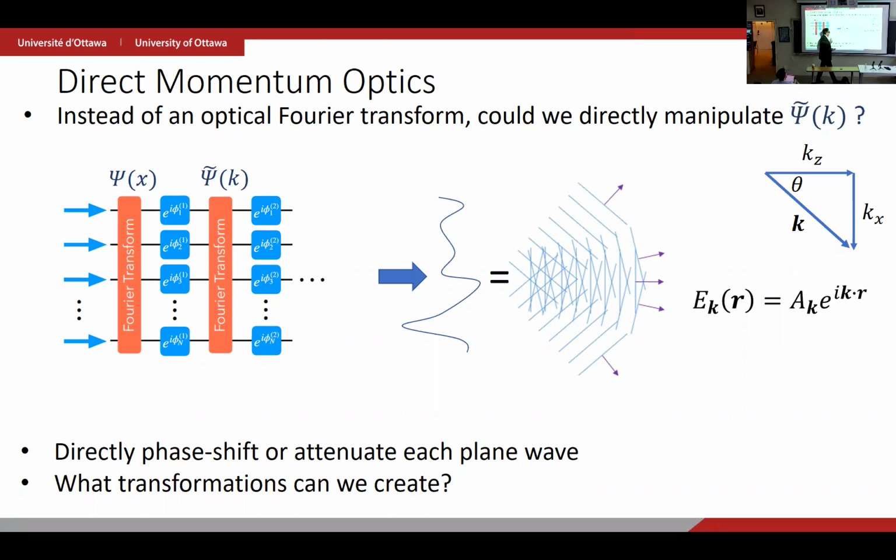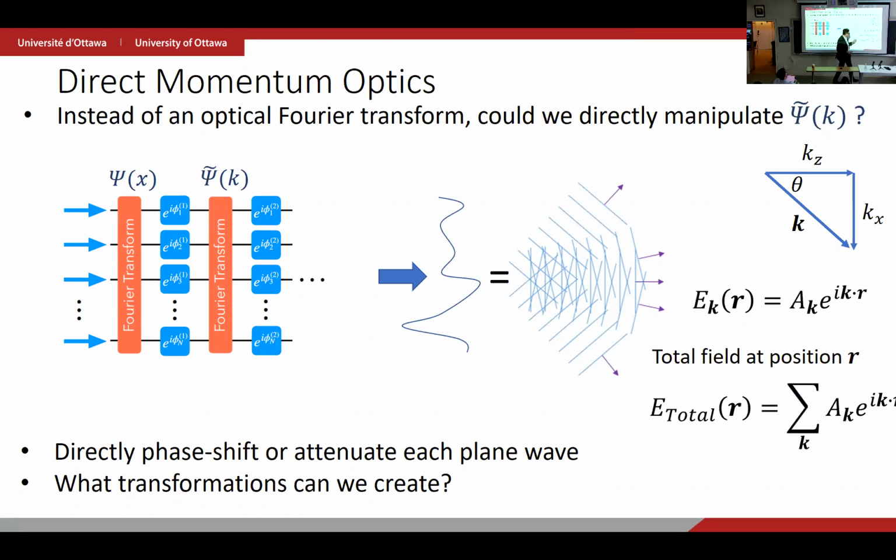And if you do that, then you can start thinking about even more general transformations, not just of beam arrays, but transformations that you might use in imaging, because any light field can be decomposed into a sum of plane waves. And so if you manipulate the K there, you could manipulate your entire light field for the purposes of imaging.